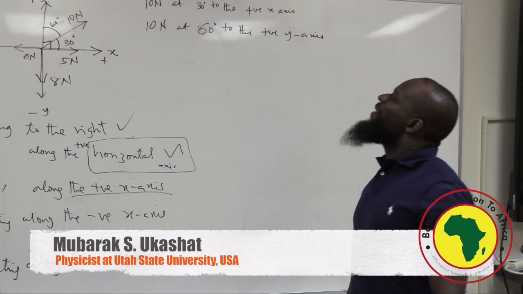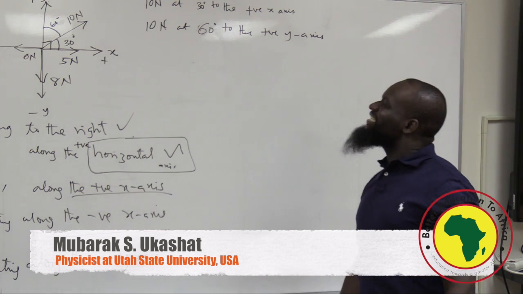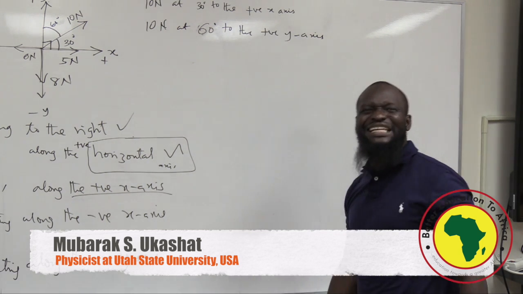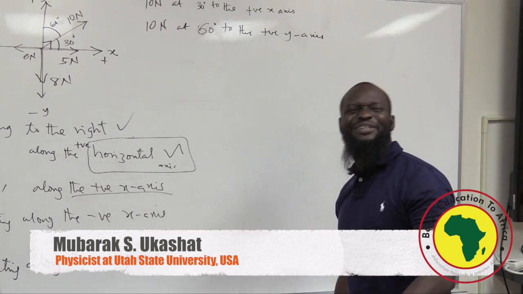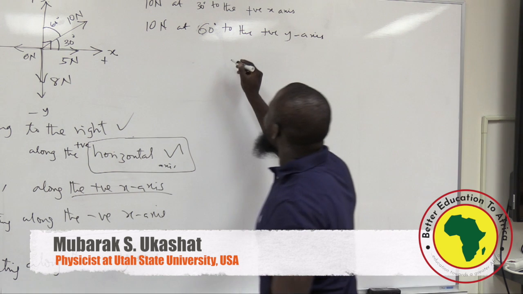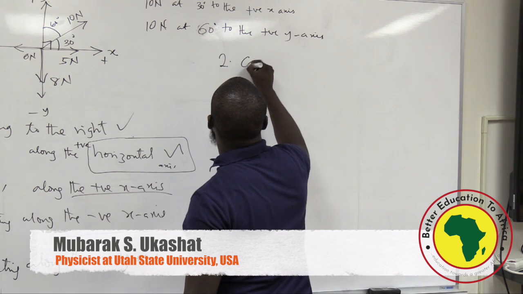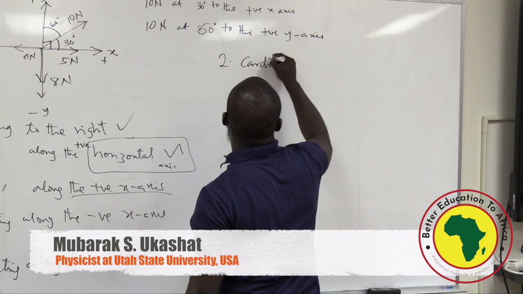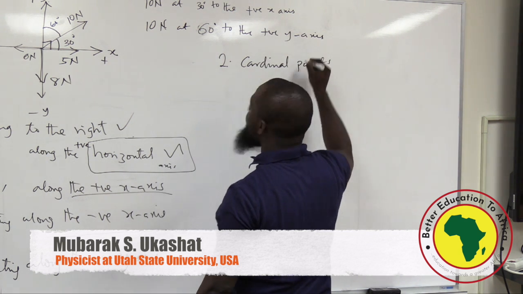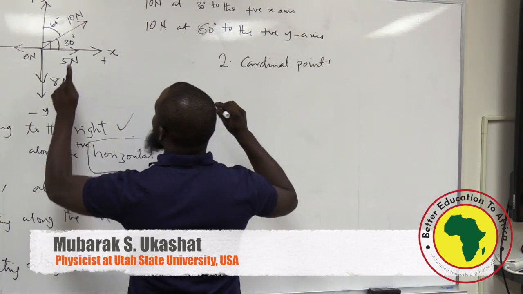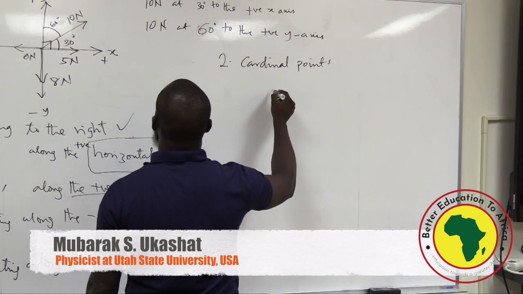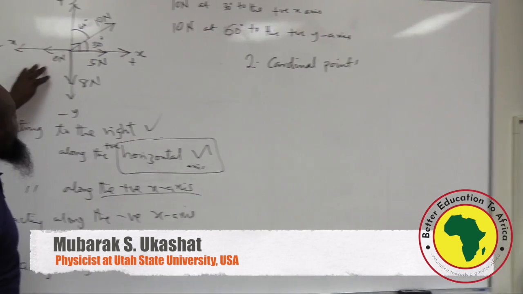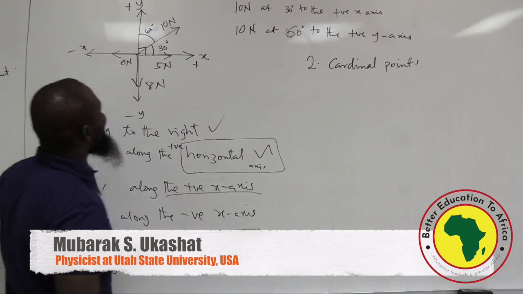Okay, now let us see the other ways of defining the directions of these vectors. There are other ways. We use the cardinal points, the cardinal points that we know, north, east, west, south, like I used in that example. So I'm going to take this same example that we did before, but now I want to use cardinal points.